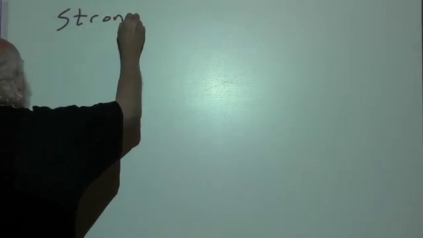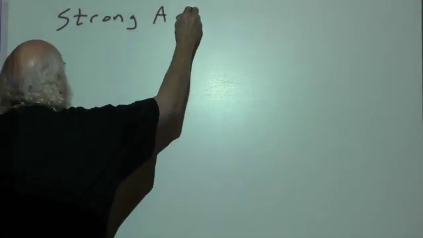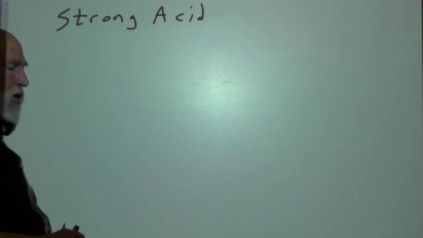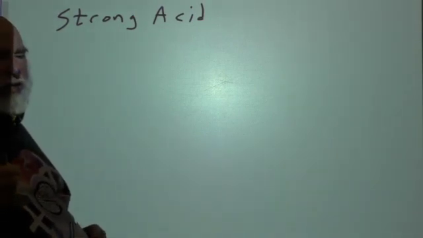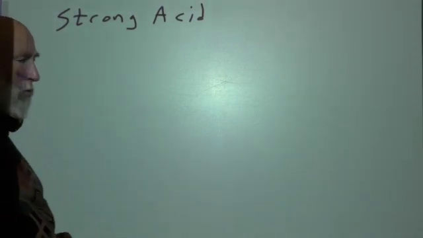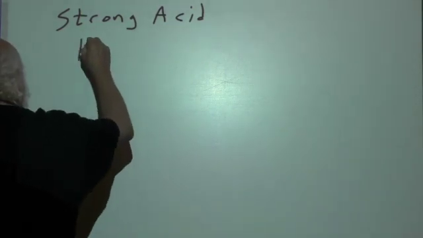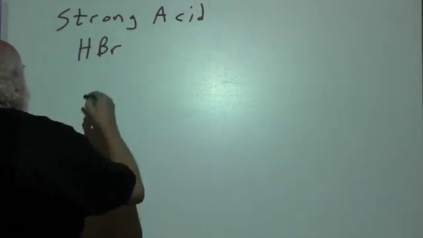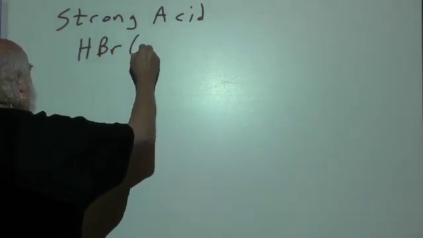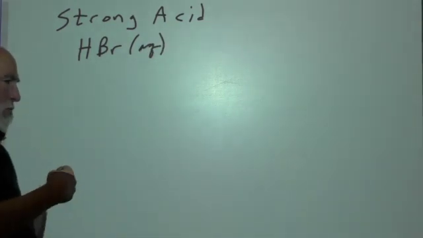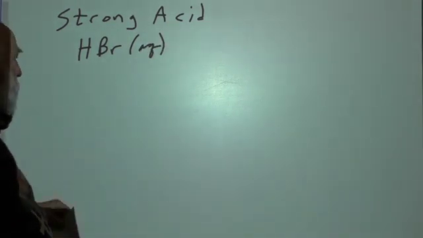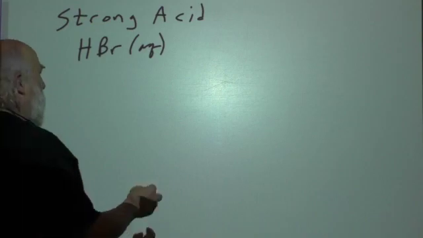When we have a strong acid, we said we can identify the fact that it is a strong acid in terms of equations by using a single arrow. So if we use hydrobromic acid, which dissolves completely in water, we use aqueous for this.